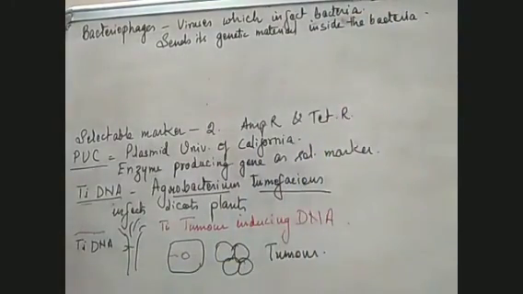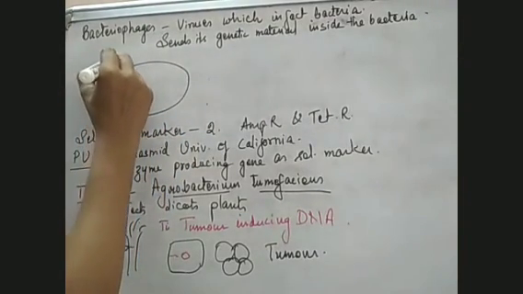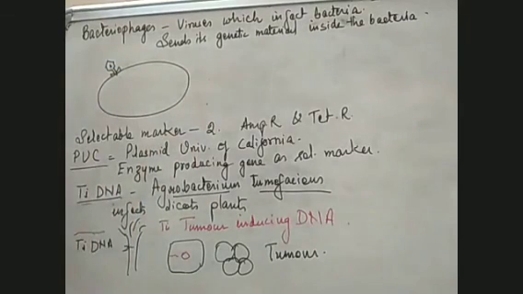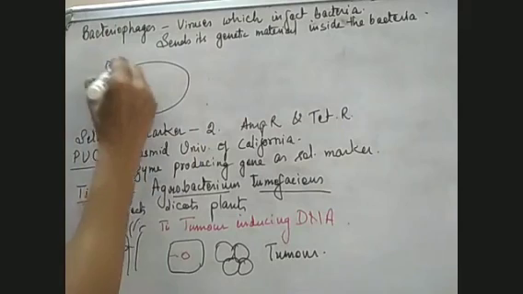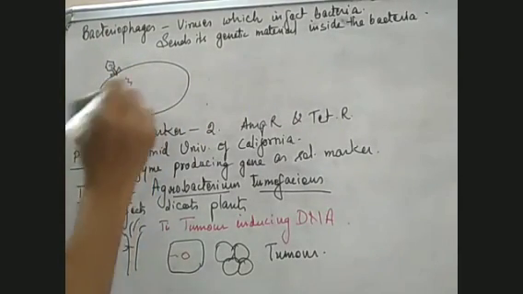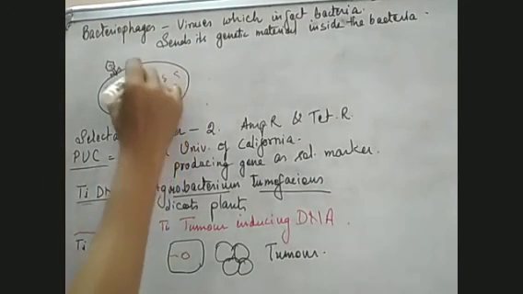Now, this can also be done, because in this case also what is happening, that a virus is attacking a bacteria, and this virus, when it attacks, it sends its genetic material inside. So the genetic material of this virus comes in, and inside, it uses the machinery of the host and makes multiple copies.